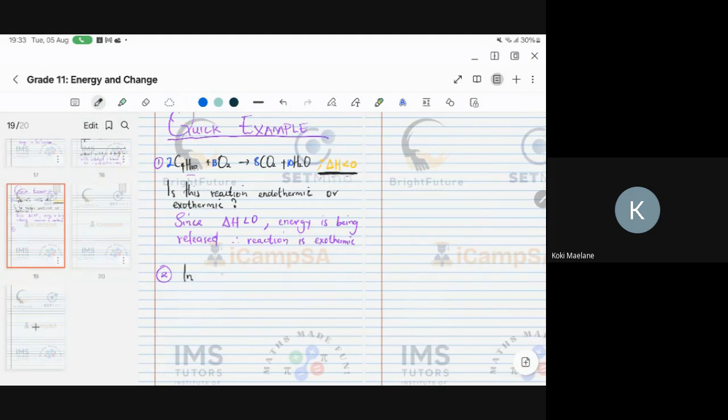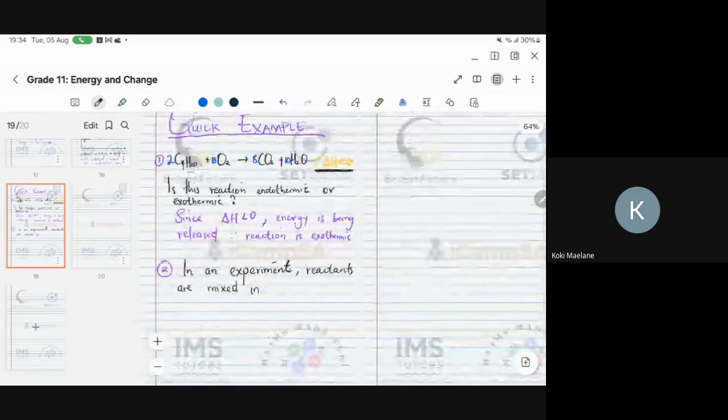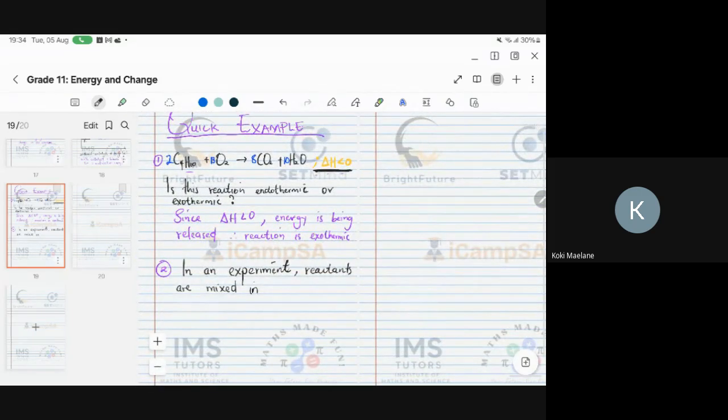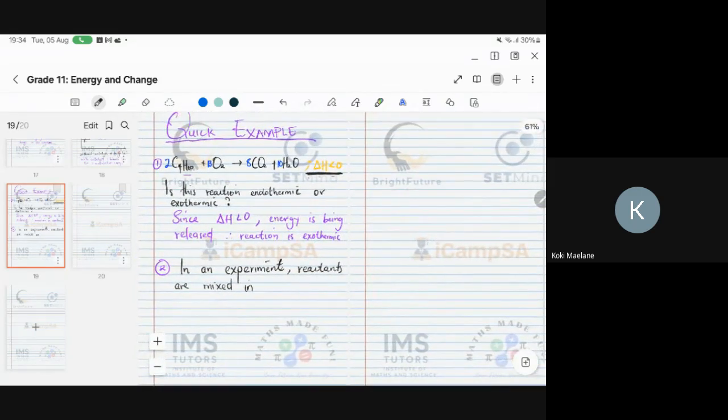And for the last one, I think we should do an example from a past paper. In an experiment, reactants are mixed in a beaker.